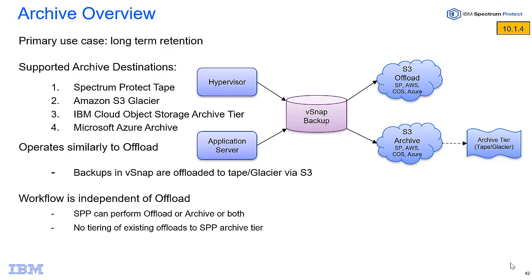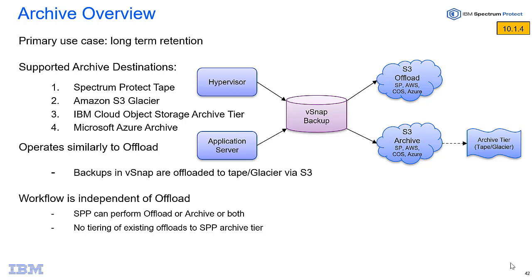Beginning in version 10.1.4, we've now added the additional ability to do archives to both Spectrum Protect Plus tape and AWS, COS and Azure cold storage, including AWS Glacier.